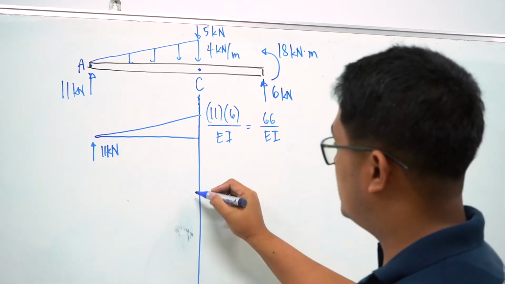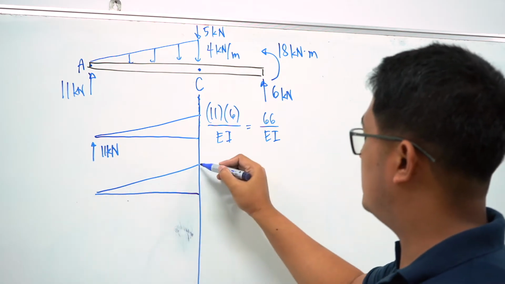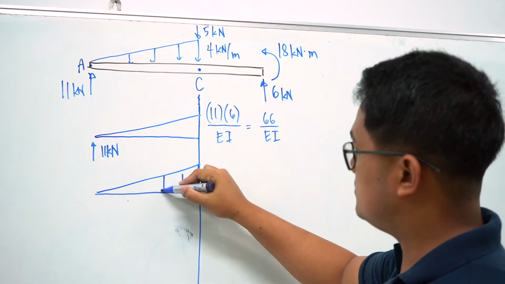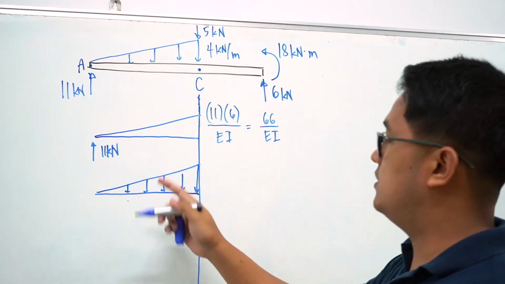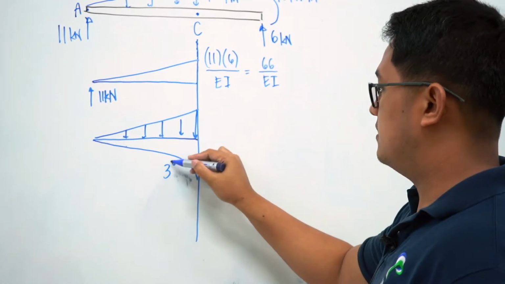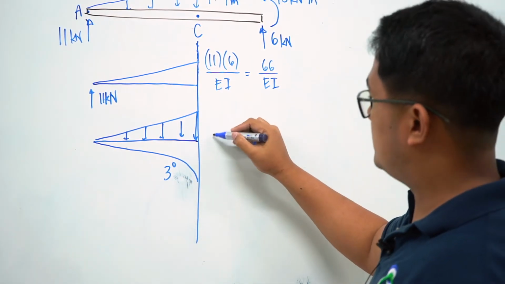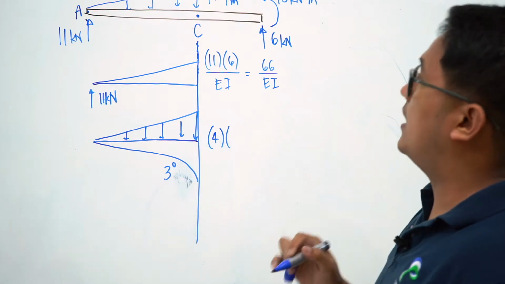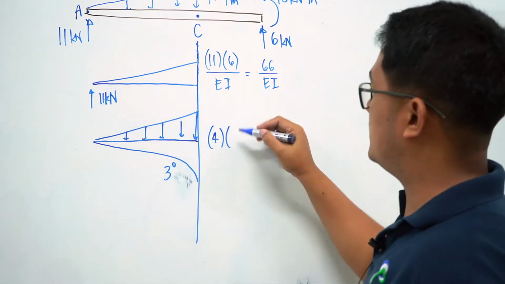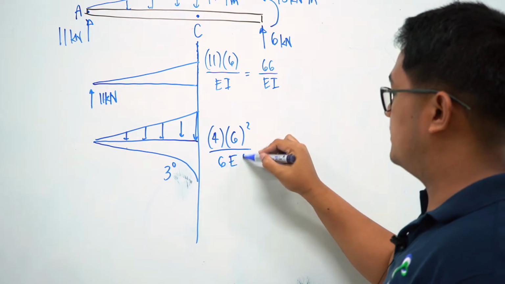Okay? And then for the triangular load, so we have this triangular load here. This will induce a third-degree bending moment with height equal to omega, which is 4, times L squared, 6 squared, over 6 EI.